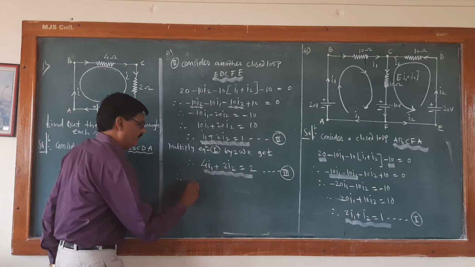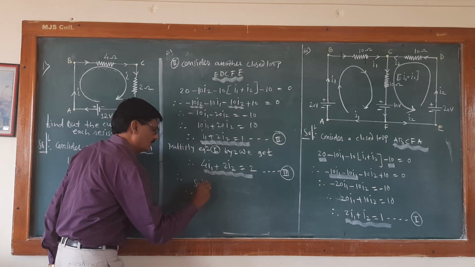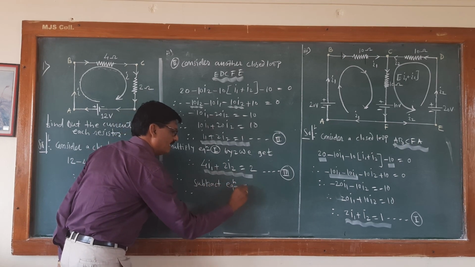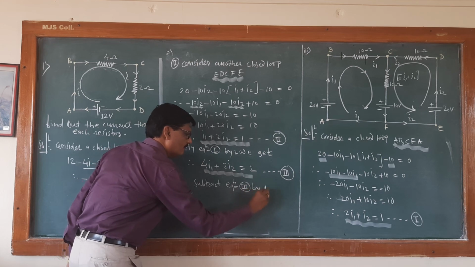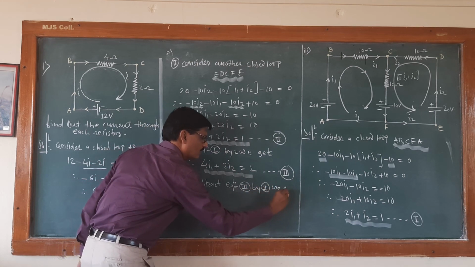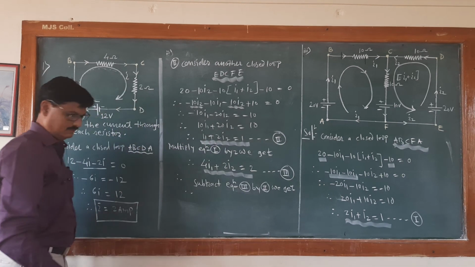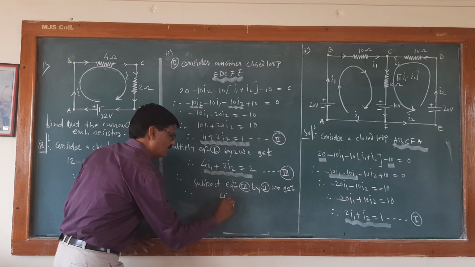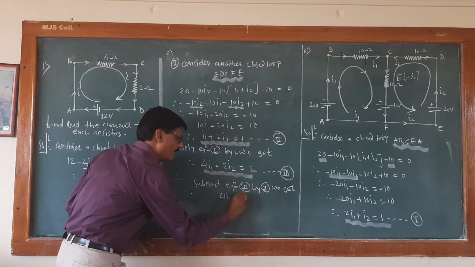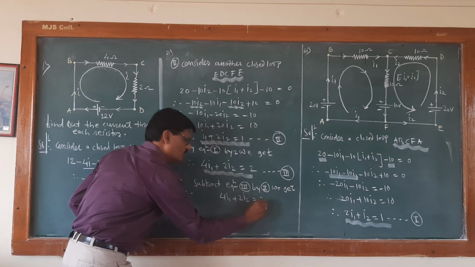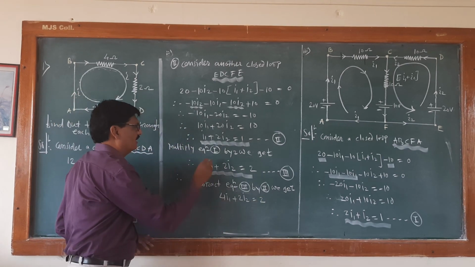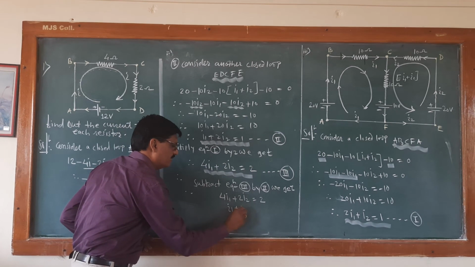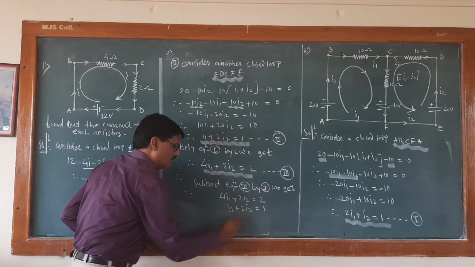Therefore subtract equation 2 from equation 3. We get 4 times I1 plus 2 times I2 is equal to 2, and equation number second, I1 plus 2 times I2 is equal to 1.